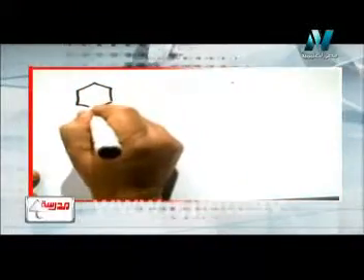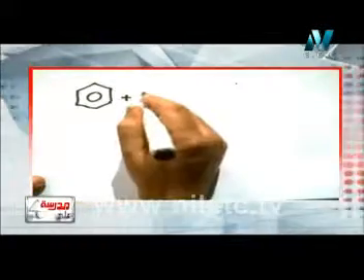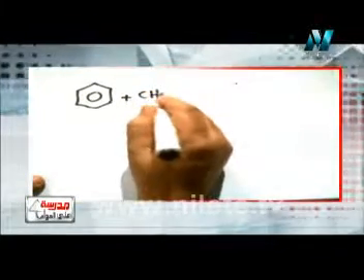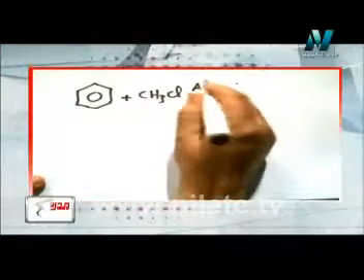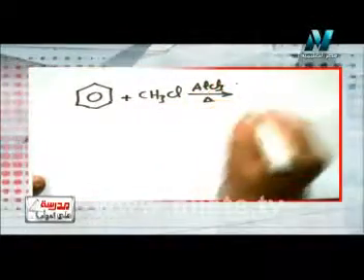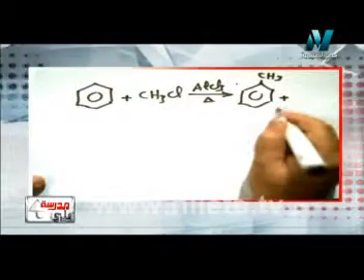In order to convert benzene to benzoic acid, at first we convert it into toluene by CH3Cl, Friedel-Crafts alkylation in presence of anhydrous aluminum chloride, to give toluene, C6H5CH3 plus HCl.